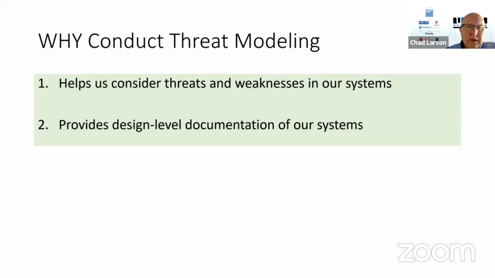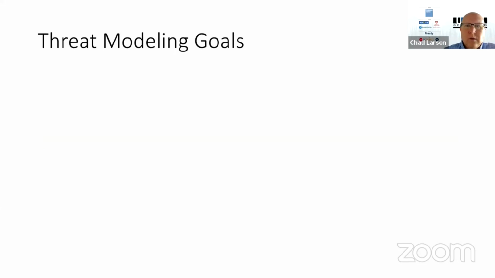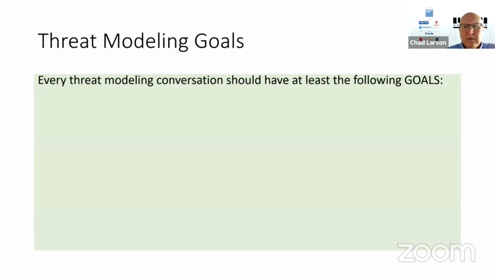So why do we want to conduct threat modeling? Well, it helps us with these 2 points right here. It gives us consideration of our threats and weaknesses, and it helps us document our system. So we have some goals associated with this process.